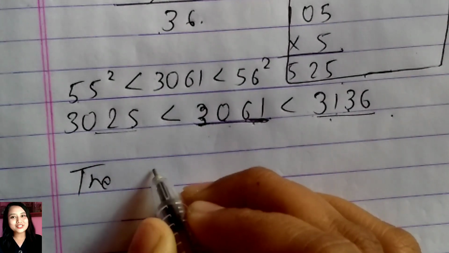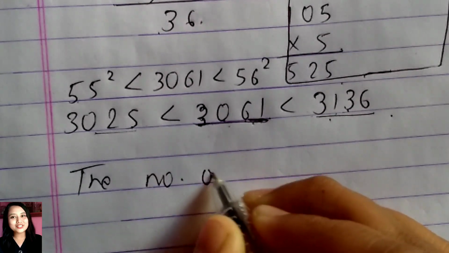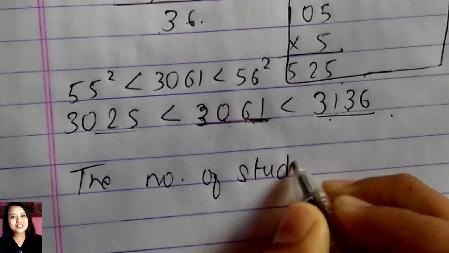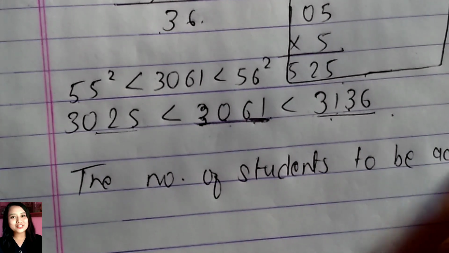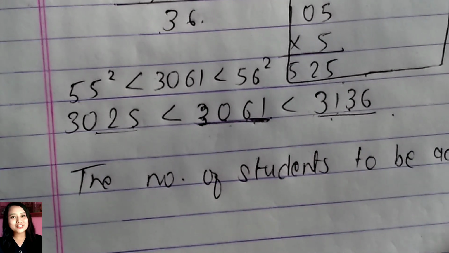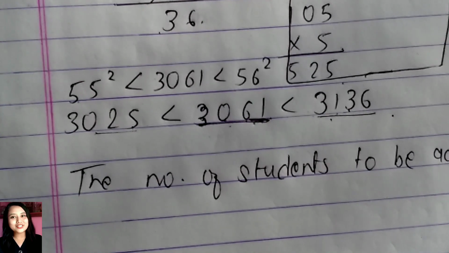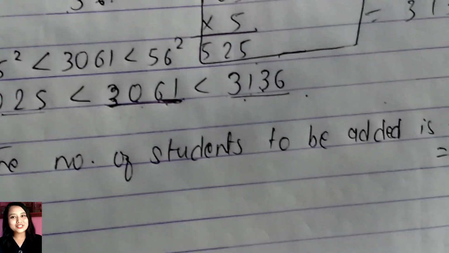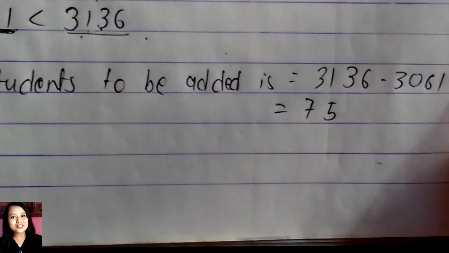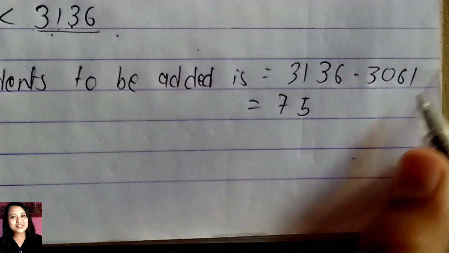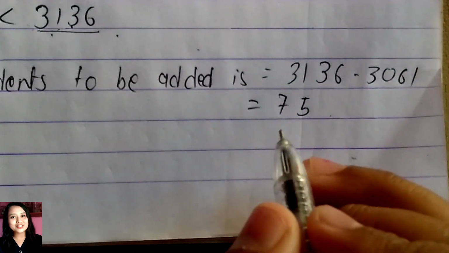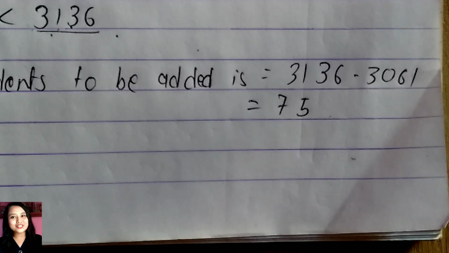The number of students to be added is 3136 minus 3061, which equals 75. So 75 students need to be added to make it a perfect square.